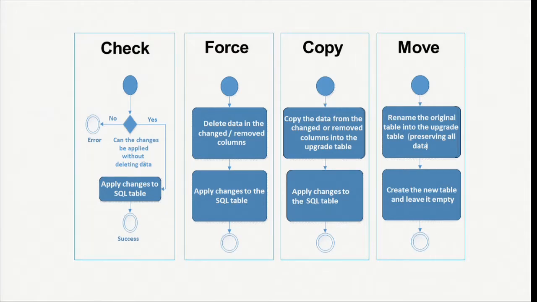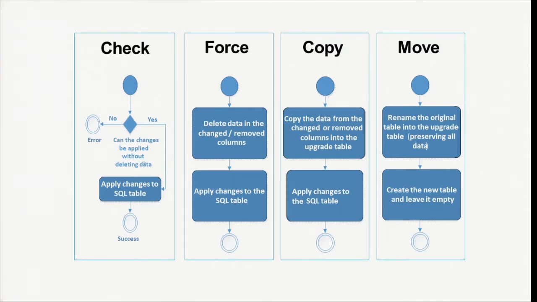For upgrade options copy and move, these are the options which back up the data from the previous version of the table that you are changing. So for these two options, you need to define upgrade tables. In case of upgrade option copy, you will back up just a portion of your data, so your upgrade table will only contain a subset of fields from your original table, and the new table will still contain the data remaining on the matching fields.